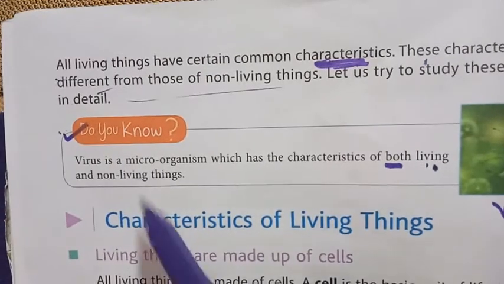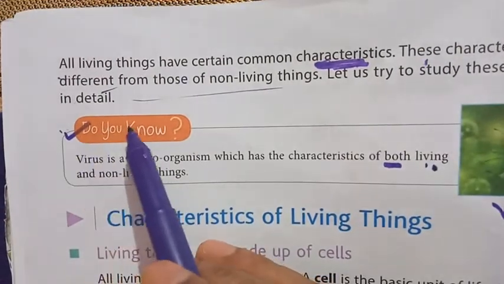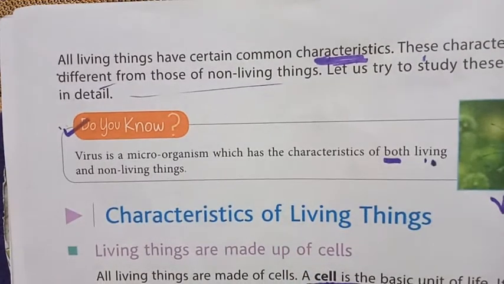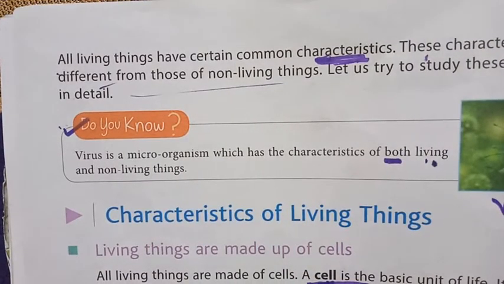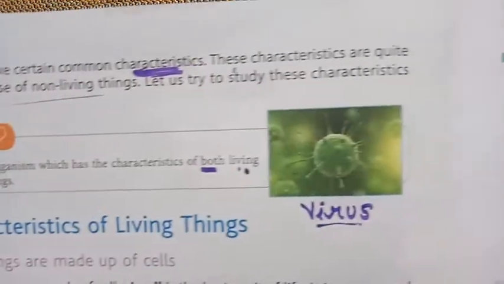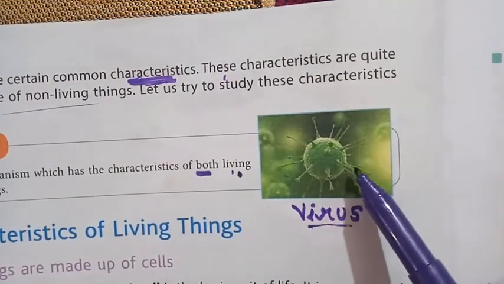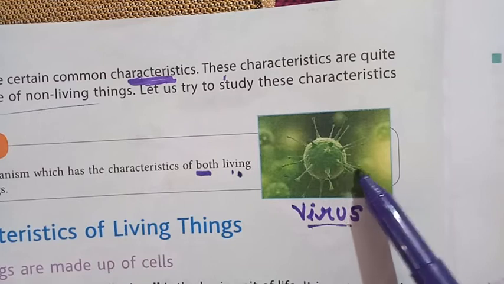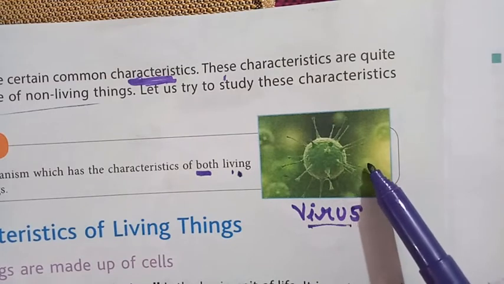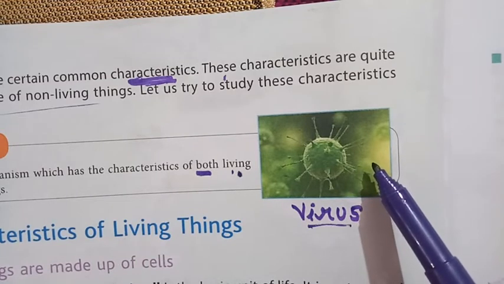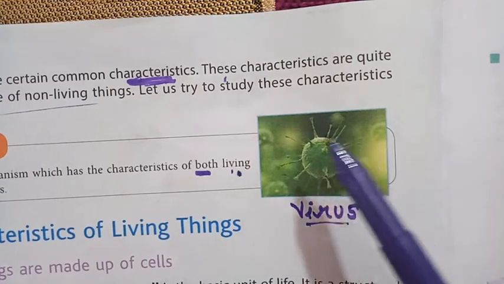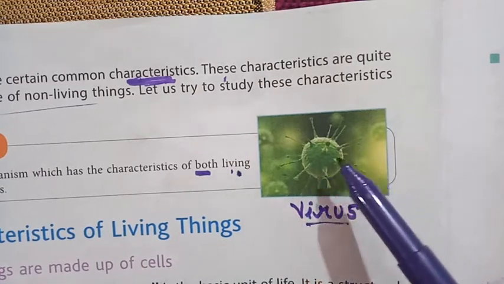Look here. Today we will study the Do You Know. This is Do You Know, and below it is the next Do You Know. Look at this picture carefully. This is a virus. This virus resembles the coronavirus. The shape of the coronavirus is just the same as this virus.